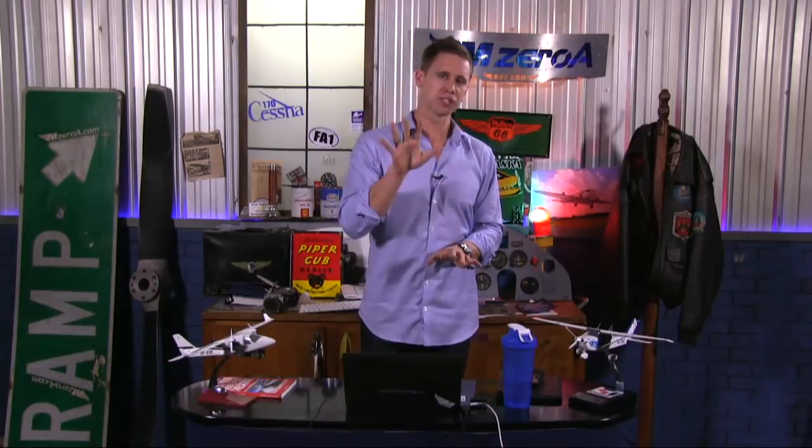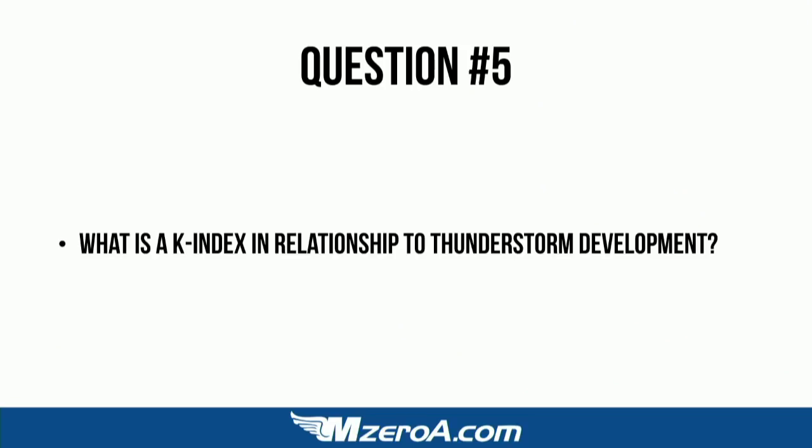Let's go to our fifth and final question, and this is the toughest question I've asked so far. What is a K-index in relationship to thunderstorm development? This is a very, very tough question.